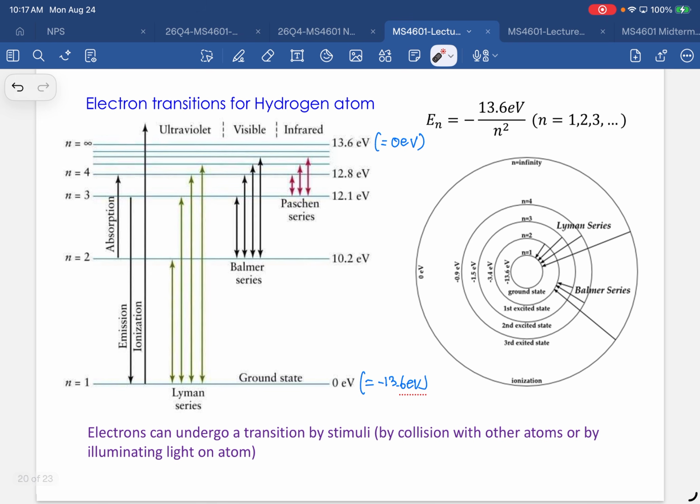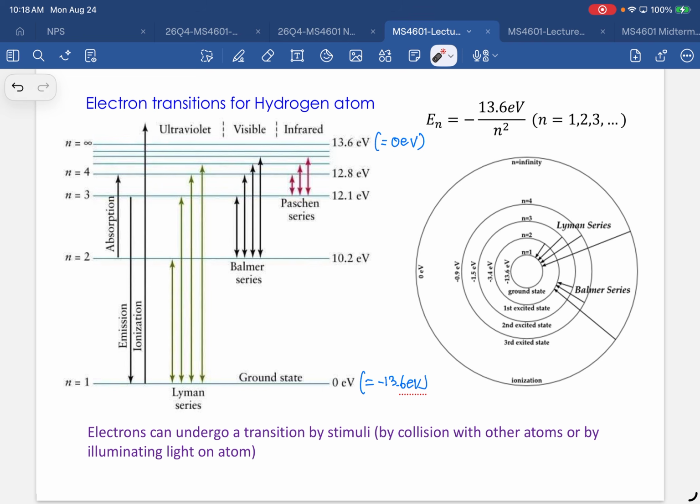For example, if it's in the ground state, we can input sufficiently high energy to go to the n equals 2 state. Also, if we input a lot of energy, we can even ionize. Ionization means that we knock an electron completely out of the atom. If we put in more than 13.6 electron volt, the electron will be completely knocked off.